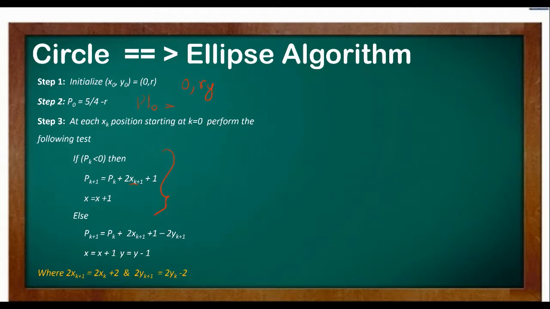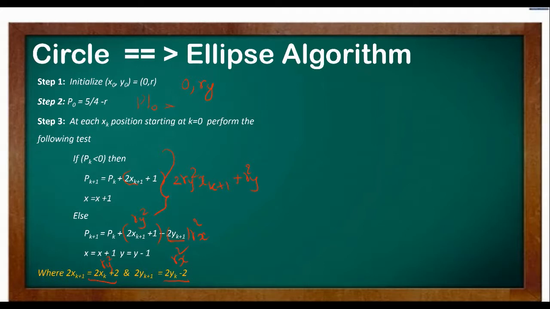So we multiply by ry square, and we get 2 ry square xk plus 1 plus ry square. Both terms we multiply by ry square. Here also we have an x term, so we multiply by ry square, and here we have a y term, so we multiply it by rx square. The same thing we apply here also: this is ry square, and this one you have to multiply by rx square.